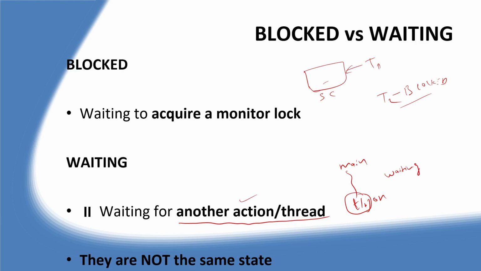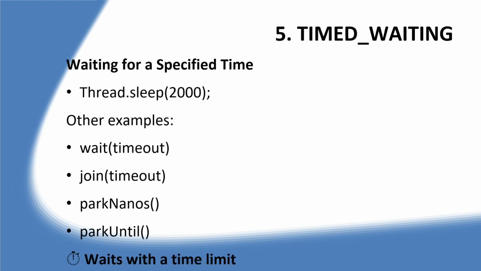The fifth state is timed waiting. This is similar to waiting, but with one major difference: there is a time limit. A very common example is Thread.sleep, where we provide the specified time.